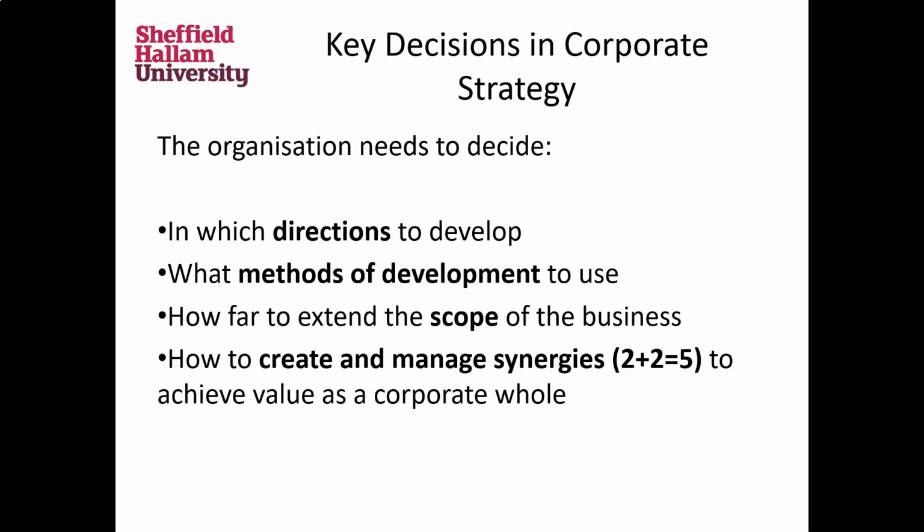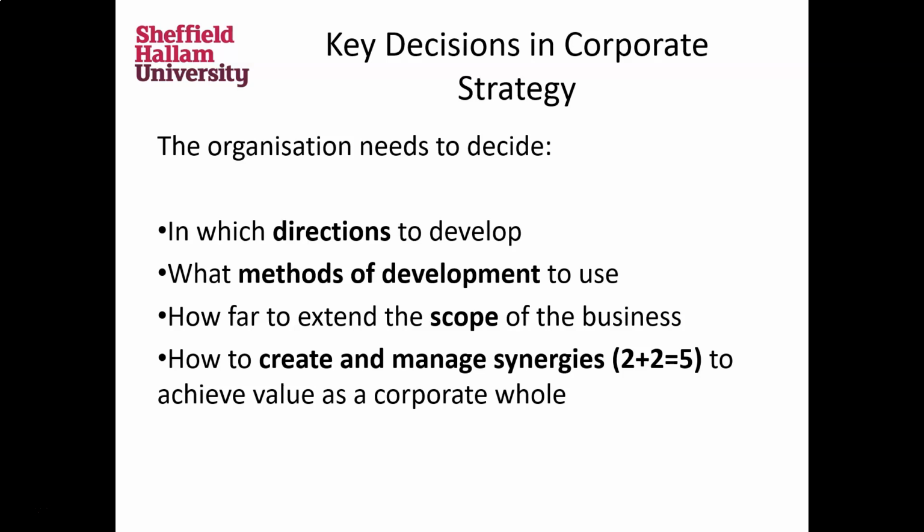So obviously we can see that through developing and increasing the size of the business, we may be able to improve economies of scale, which might give us a cost advantage, which might make us more efficient, which might drive down our costs and increase our profitability. It might give us opportunities, as we develop a global presence, to expand into new territories within different global regions. So there are clear opportunities associated with corporate strategy.